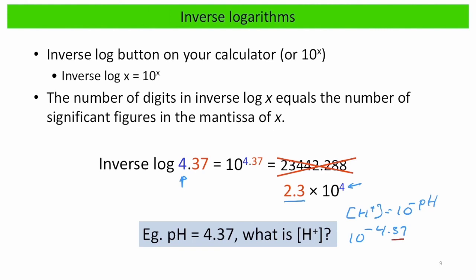They are right there in the mantissa. So our concentration of H+ is going to be equal to 4.266 times 10 to the minus 5 molar. But again, that's too many significant figures. We only need 2, so we will be rounding that 2 up. So this is going to end up being 4.3 times 10 to the minus 5 molar.